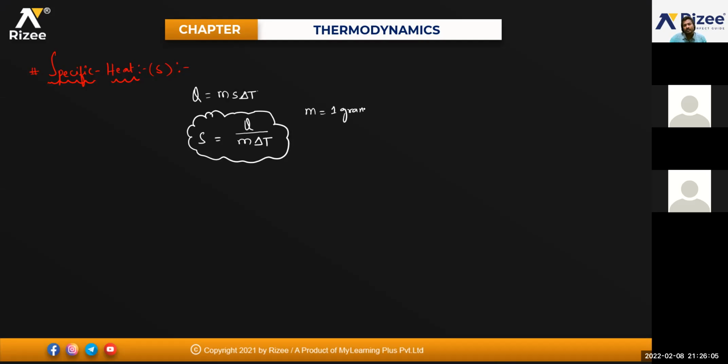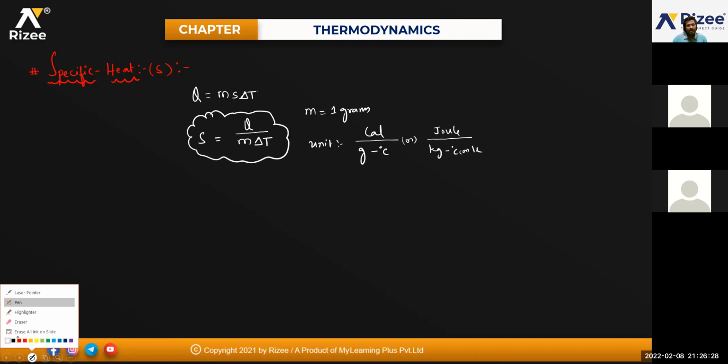Anyone can tell me the units for this one? In the CGS system, it is calorie divided by gram degree centigrade. Or in the SI system, it can be joule divided by kg degree centigrade, or Kelvin. No problem. The next one is molar specific heat.